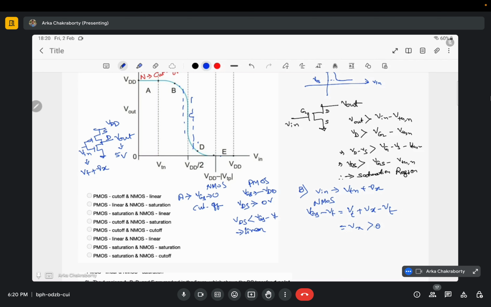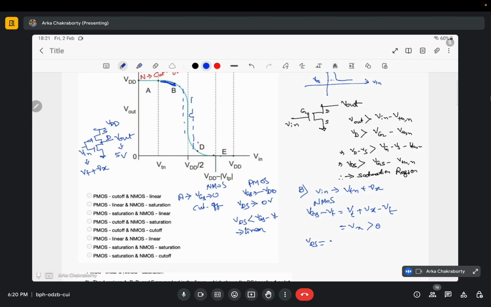So it would be in which region? Either linear or saturation, which we will see by checking its VDS. Its VDS, its drain voltage, would be something near 5 volt. You can see the voltage is decreasing here, so let us assume 5 volt or lower than 5 volt.